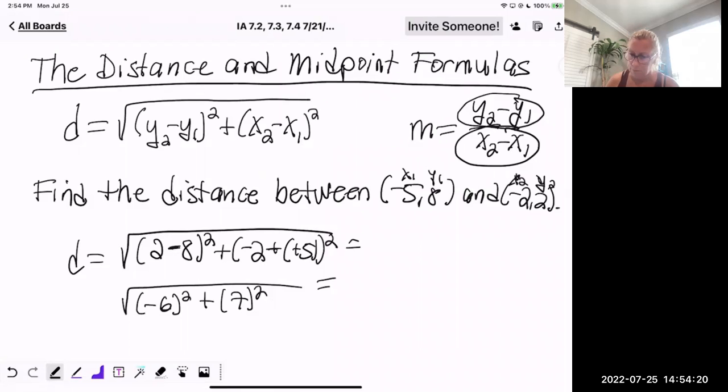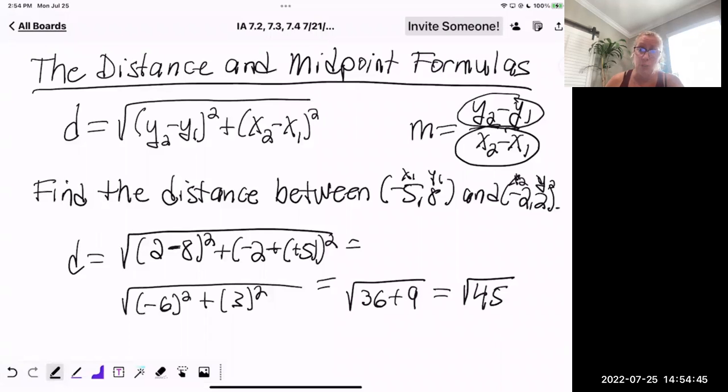Nope, I just did something wrong. Hold on. Yeah, I did it right. It's not 7. I added wrong. Okay, it's -2 plus 5, not 2 plus 5, so 3, which equals the square root of -6 squared, which is 36, plus 9, which equals the square root of 45.